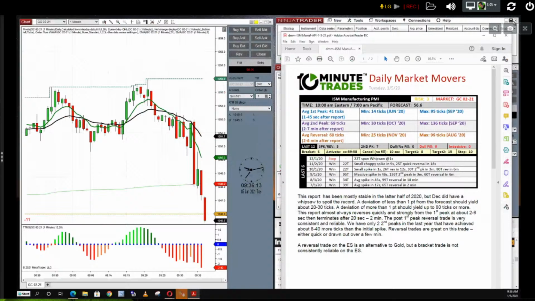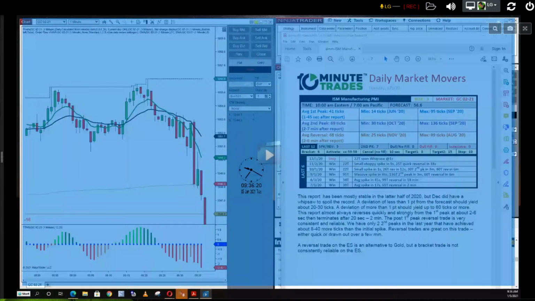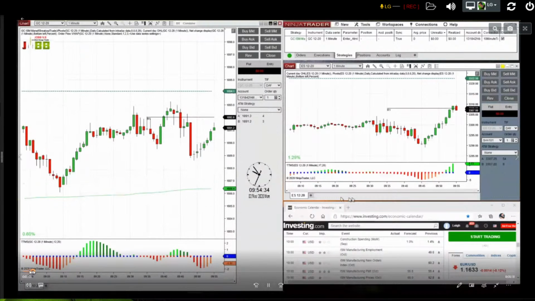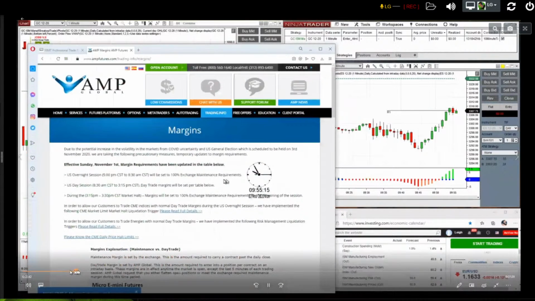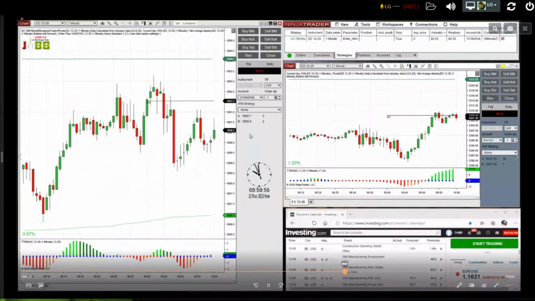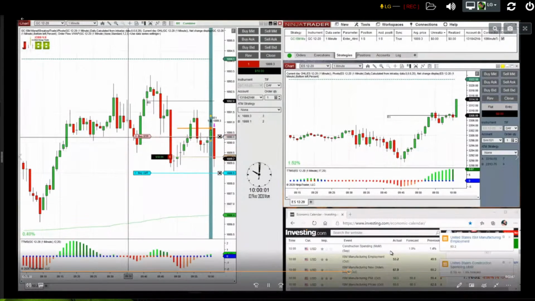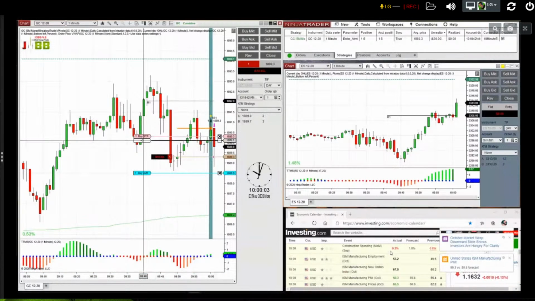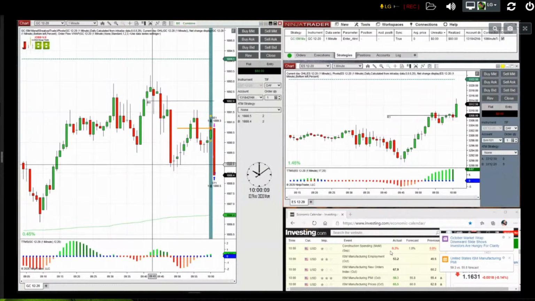Let's look at November's trade. November 2nd. You could see that November 2nd, the news was positive.